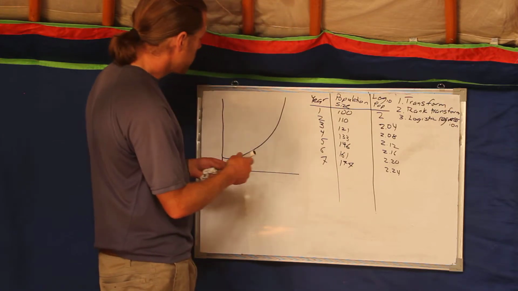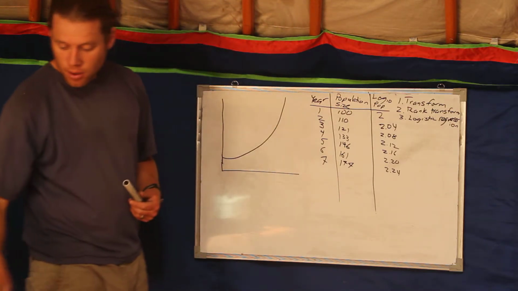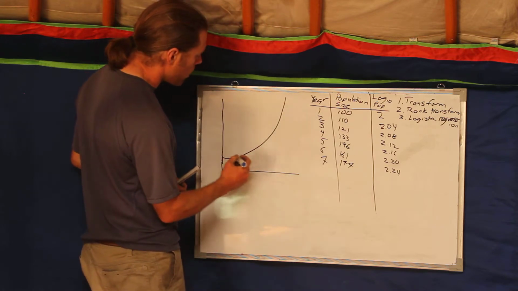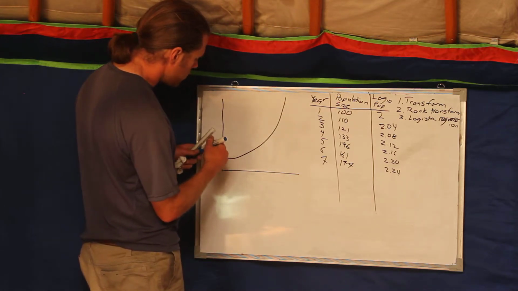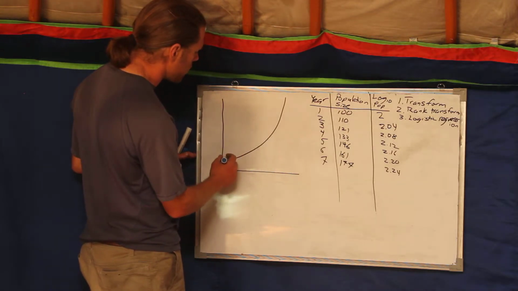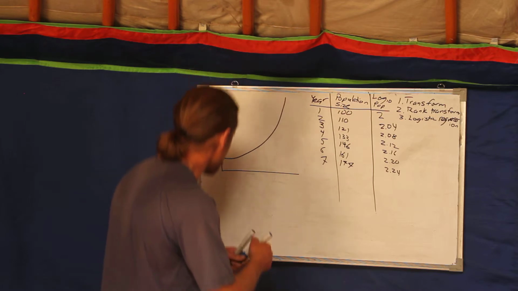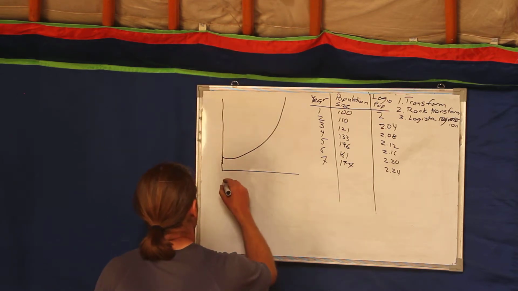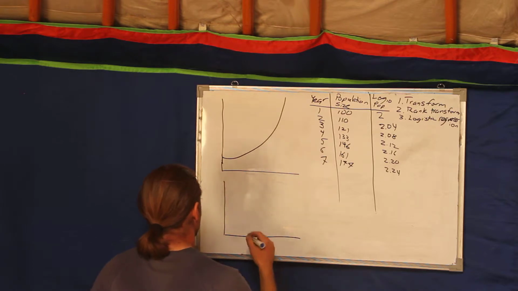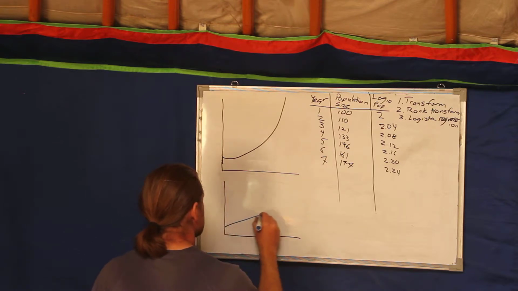So that actually turns this relationship from an exponentially growing one into, in fact, a linear one. If you log transform this, the relationship would look like this.